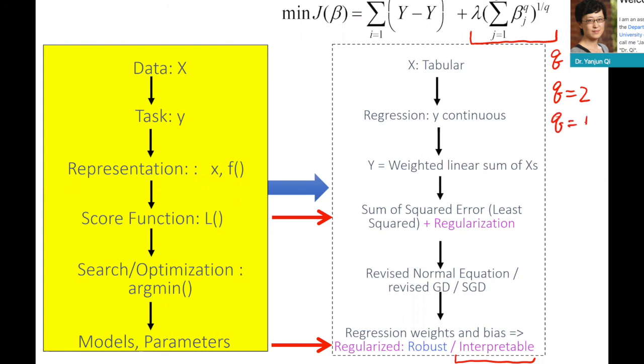When Q equals 1, we get our lasso regression. And you can also have other numbers, in fact. I included the properties of this type of norm function in our extra slides, as well as geometric interpretations. But I will not cover them here because I feel those are too theoretical. I only cover those in the graduate level class.